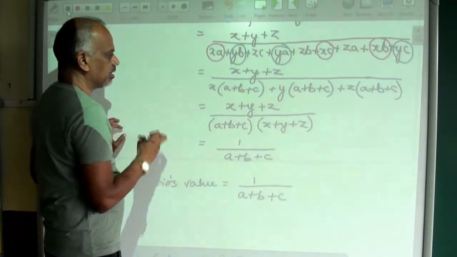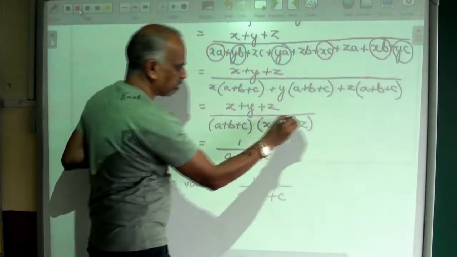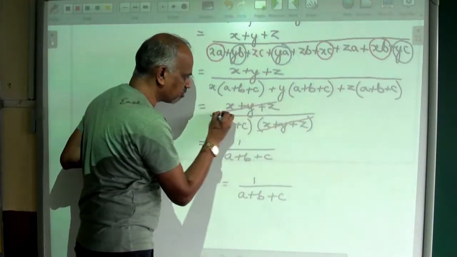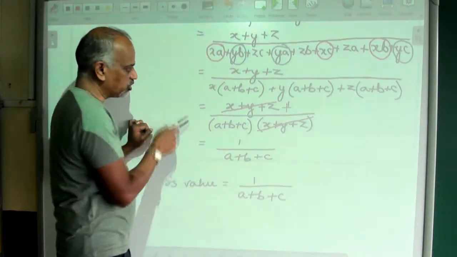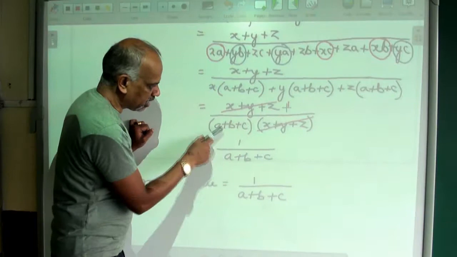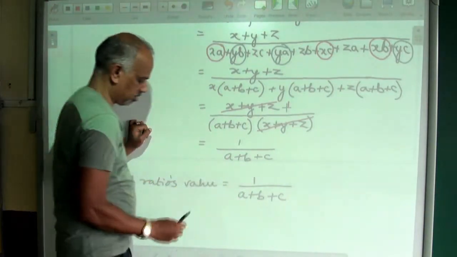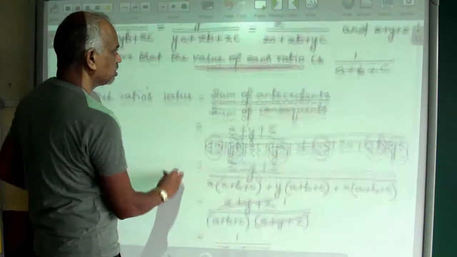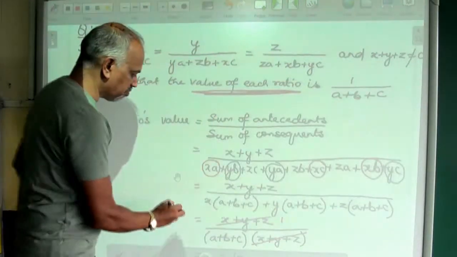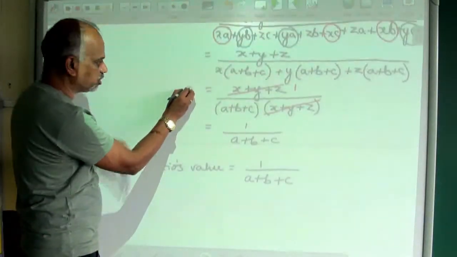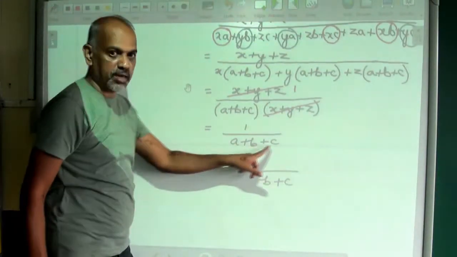Now you can cancel x plus y plus z with this x plus y plus z, this becomes 1. So each ratio's value becomes 1 divided by a plus b plus c. The question was show that each ratio's value is 1 by a plus b plus c. So each ratio's value has become 1 by a plus b plus c.